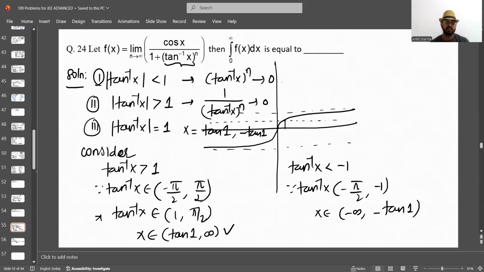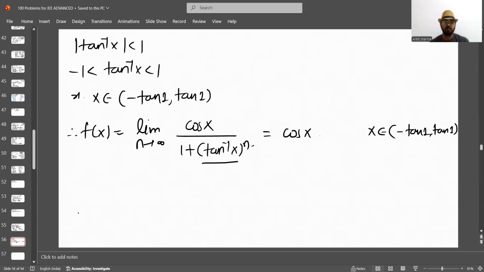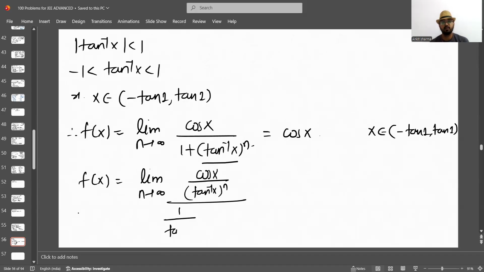And case 2 is tan inverse of x is more than 1. So again, f of x is going to be what? Now I'm going to divide it by tan inverse of x, because this will take care of the infinity part. So this is going to be here, and then same thing here. So tan inverse of x to the power n plus 1.